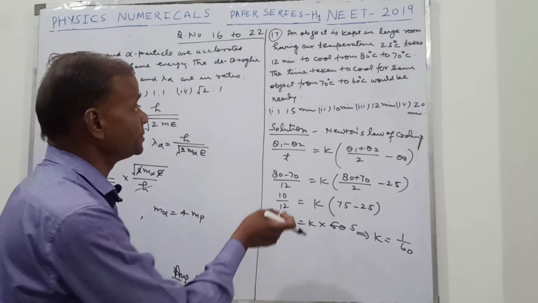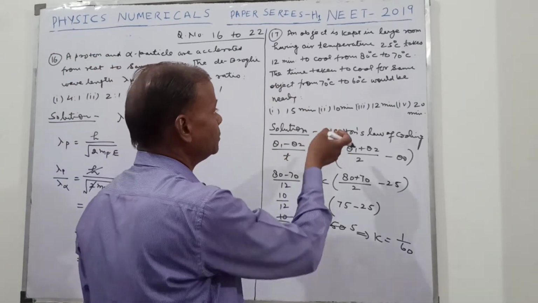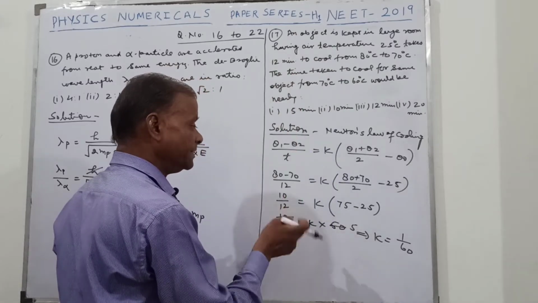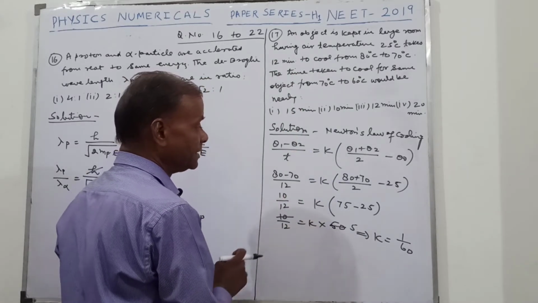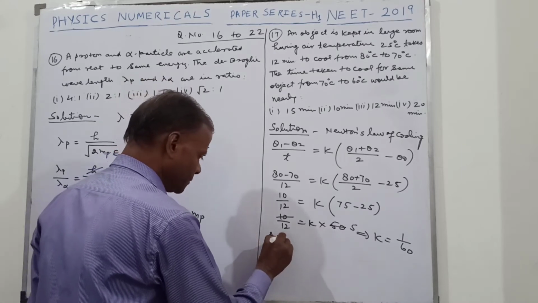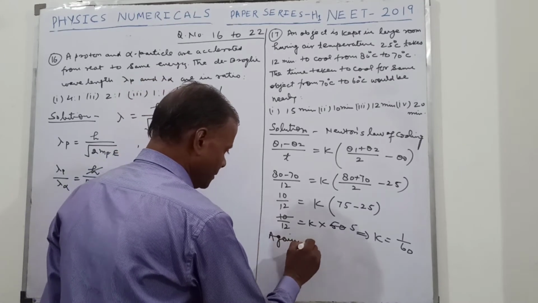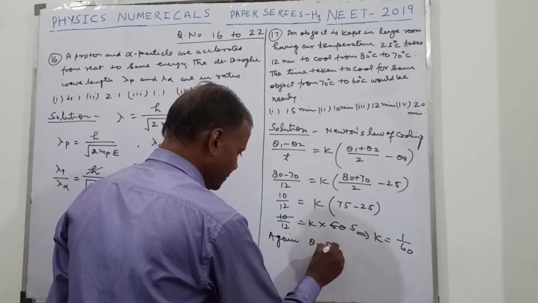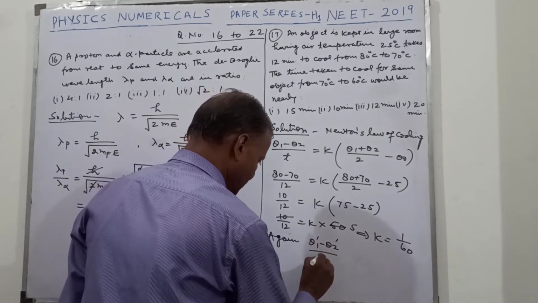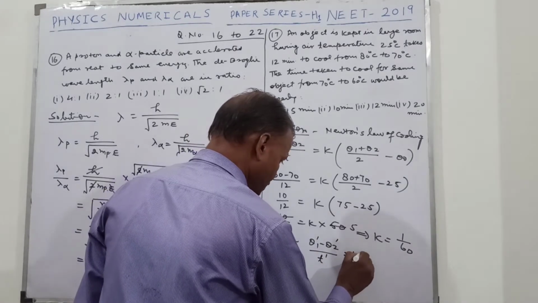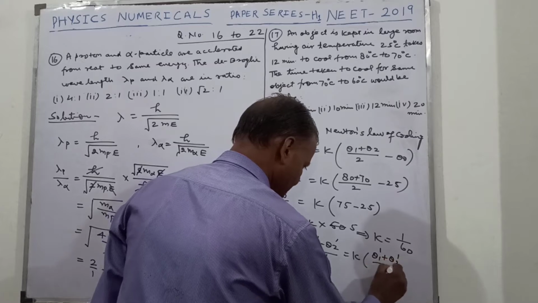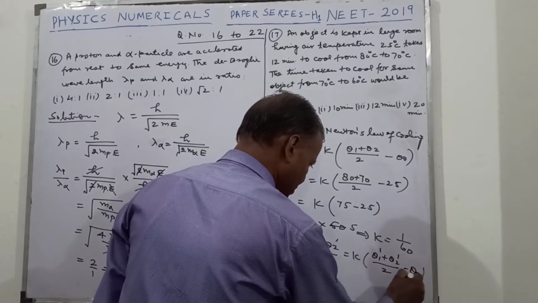Now again it is given that the same body is being cooled from 70 degrees Celsius to 60 degrees Celsius. In that case we have to use this value of K and then find the time. So again theta 1 minus theta 2 upon t dash equal to K into (theta 1 plus theta 2) upon 2 minus theta naught.